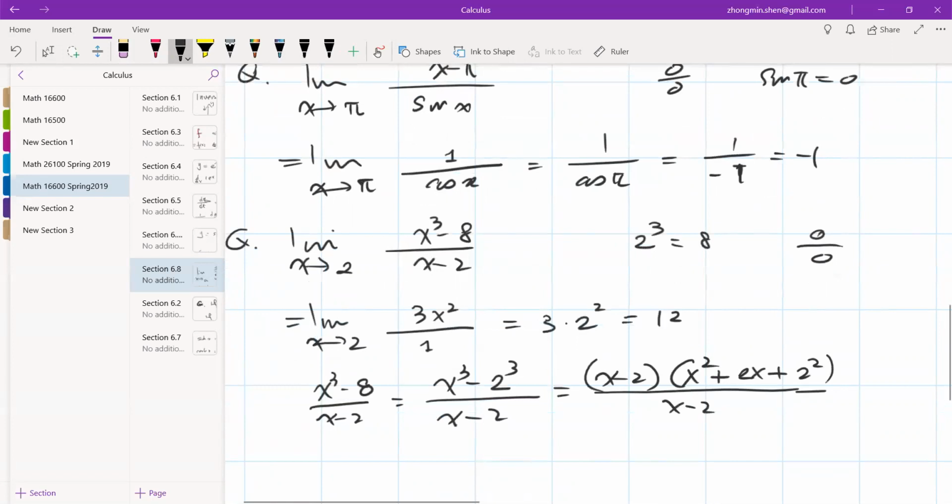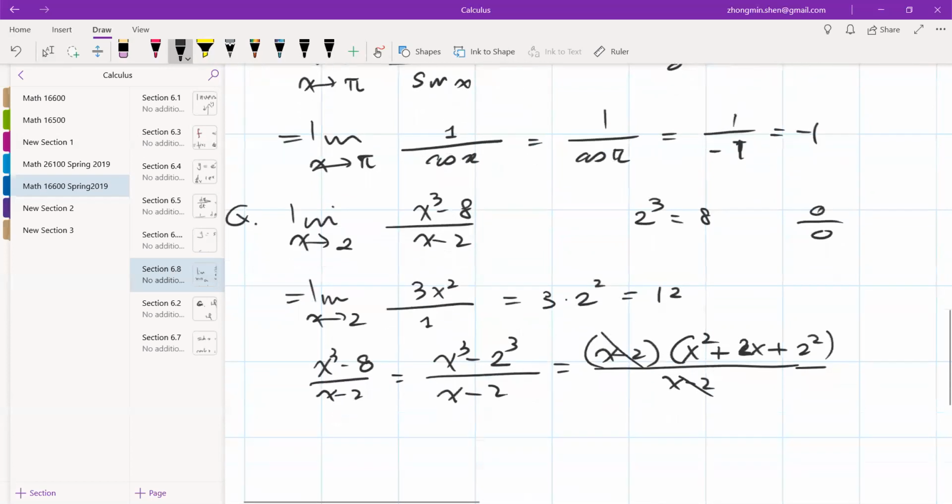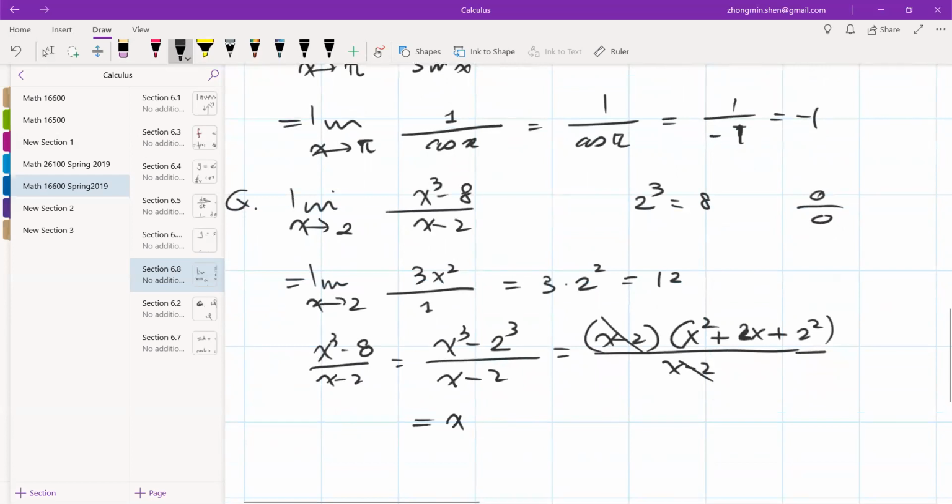And I don't think everybody knows that. All right, so then you cancel x minus 2. Then you get x squared plus 2x plus 4. Then you let x approach 2. You get 2 squared, no, it's not 2 squared here, it's just 2.